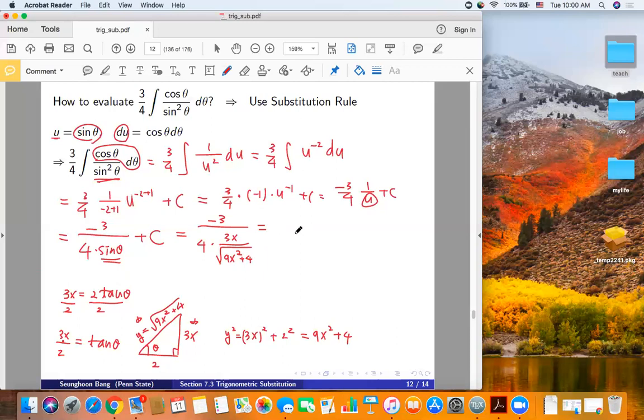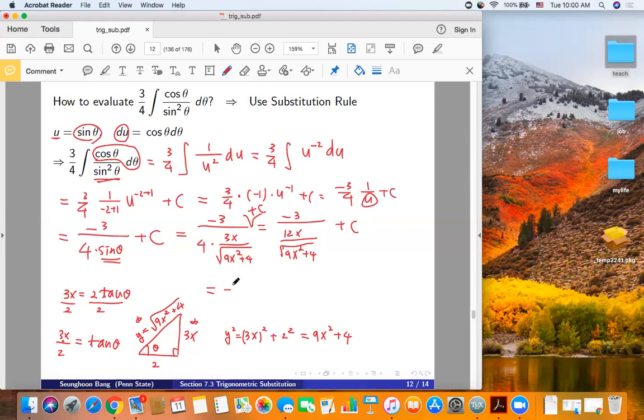So this is negative 3 over 4 times 3x over the square root of 9x squared plus 4, plus c. Sorry, this is 1 over that, plus c. You can use the reciprocal.